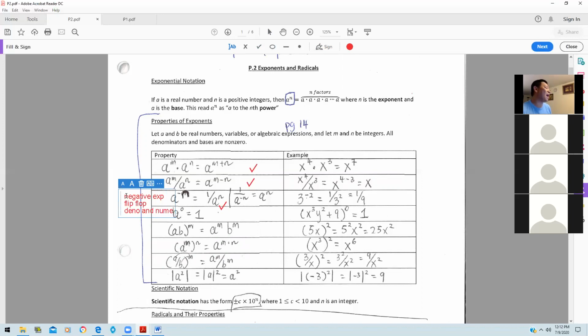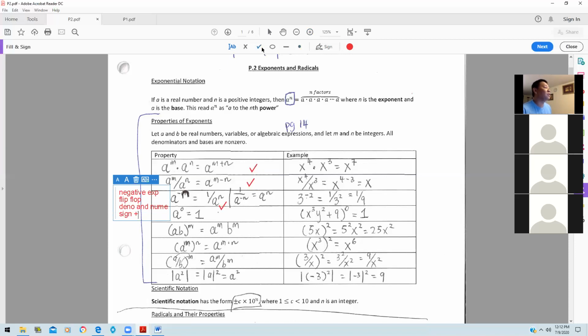If you have a negative exponent on the numerator on top, you bring it down. If you have it on the bottom, you just bring it up. And when you flip-flop them, the sign will become positive, so you change the sign from negative to positive. This is usually what we do a lot in this class: if you see a negative exponent, just flip-flop them.